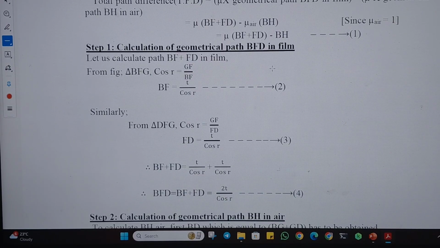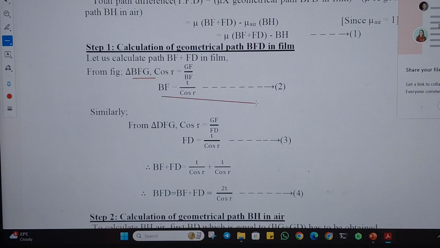So we can take the triangle BFG, a right angle triangle, where cos r is GF by BF. GF is the thickness, so BF is t by cos r.